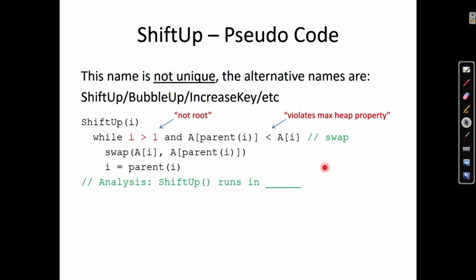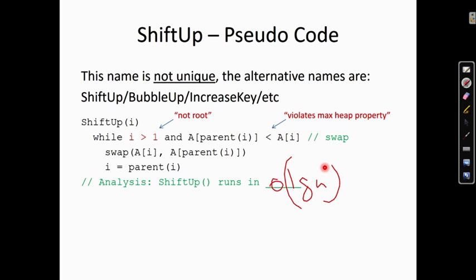So how many shifts do you need at most? Log n, correct, because I'm shifting all the way from the leaf to the root. And you remember the height of a complete binary tree is O(log n). So time is O(log n).